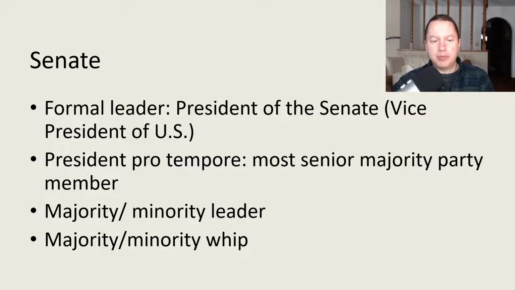However, the whip has a lot less power in the Senate because, again, the elections are staggered in the Senate, so that in an election year, 2/3 of the senators aren't really worried about re-election. When we talk about the Senate and the leaders of the Senate, we talk more about the majority leader and the minority leader. Most people could not tell you who the President pro tempore of the Senate is.